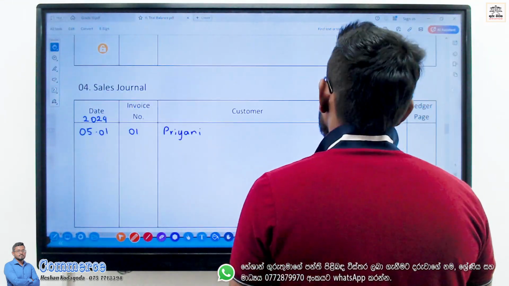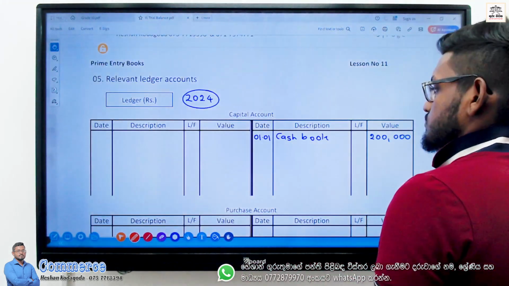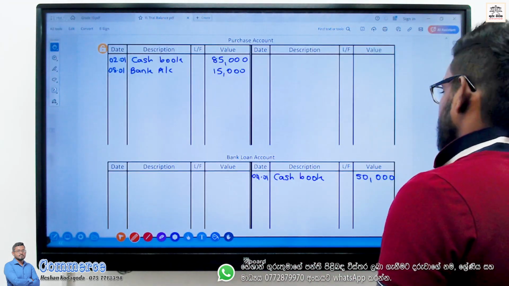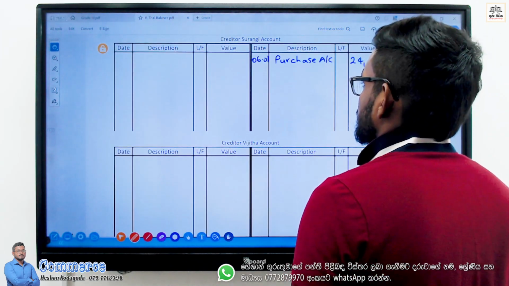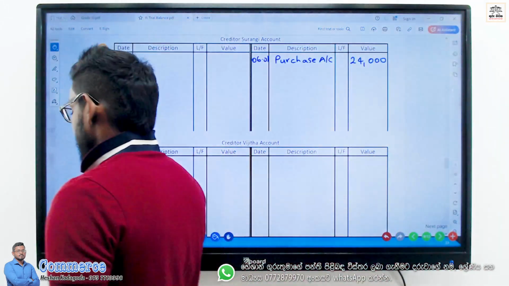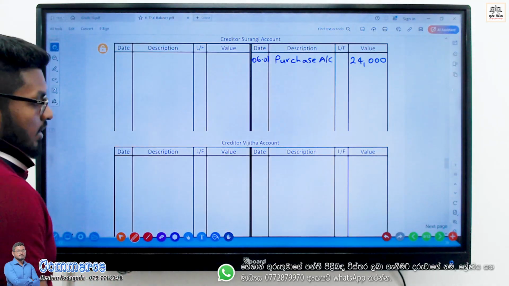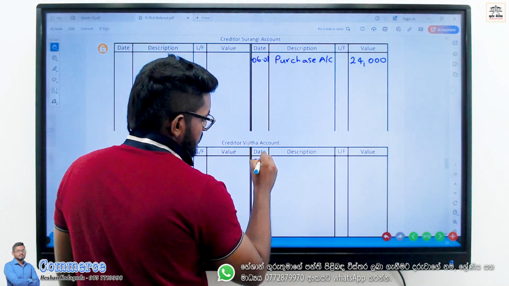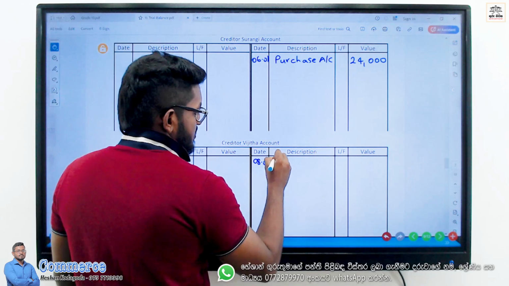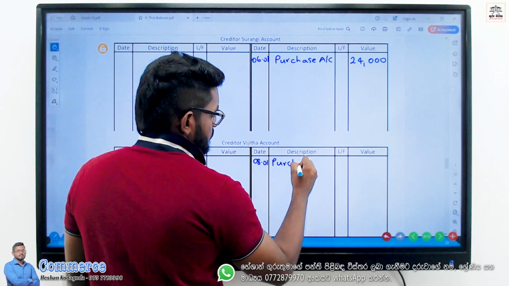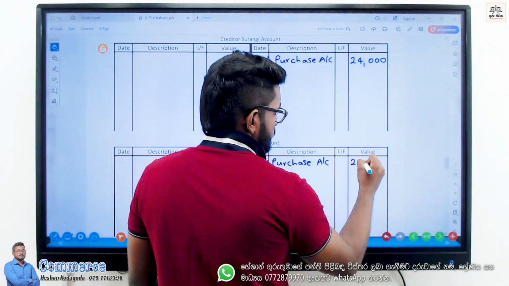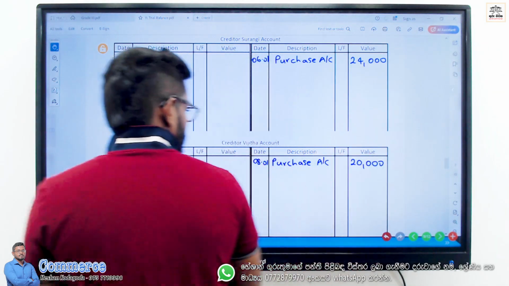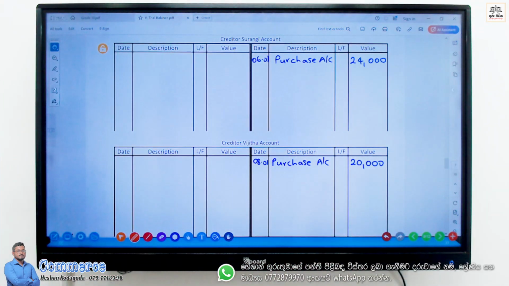Go to the creditor Vijita account. Sorry, creditor Vijita. We are purchasing, right? So 8th of January, credit it. Purchase account, 20,000, right?